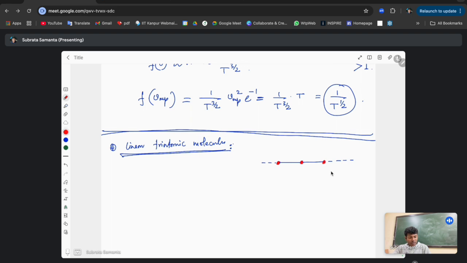So three atoms in a molecule, and it is placed in this way. So what is the degree of freedom of this molecule? There are three atoms in the molecule, and they are placed linearly. So what is the degree of freedom?